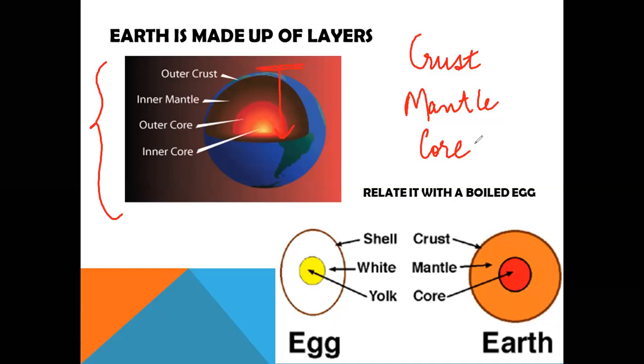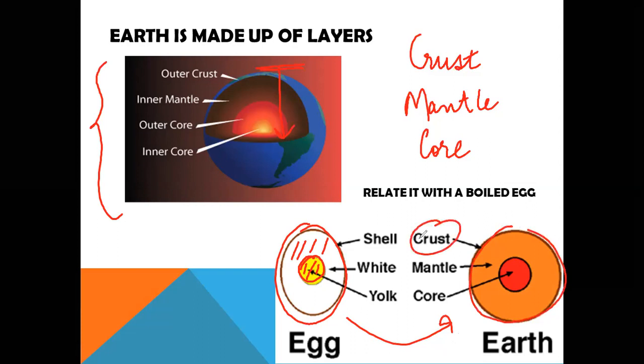Now try relating it with a boiled egg. A boiled egg has 3 layers too. The innermost yellow layer is called yolk. The yolk is covered by white albumin, and further the outermost layer is of calcium, which you peel off. Similarly, the outermost layer of the earth is called crust.